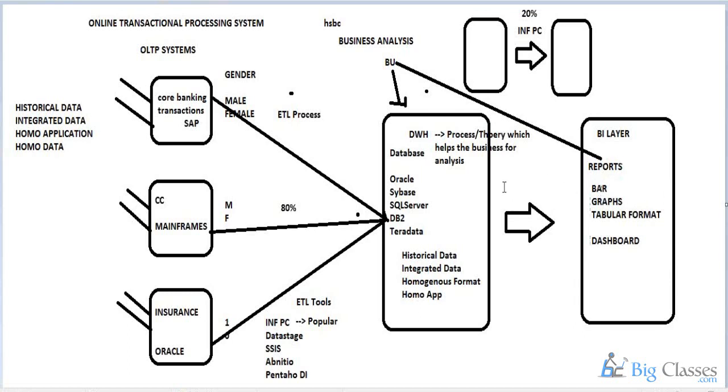When you run a report, the data is queried from the data warehouse tables, and the report is created. These reports are created using BI tools available in the market, like Cognos, SAP BO, MicroStrategy, and Tableau. Likewise, we have multiple BI tools.